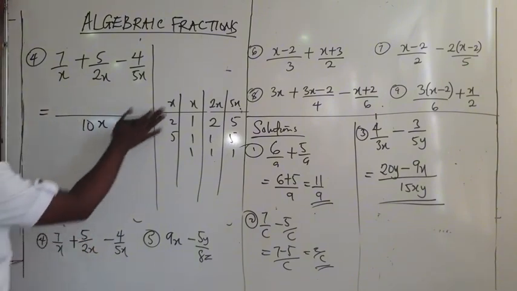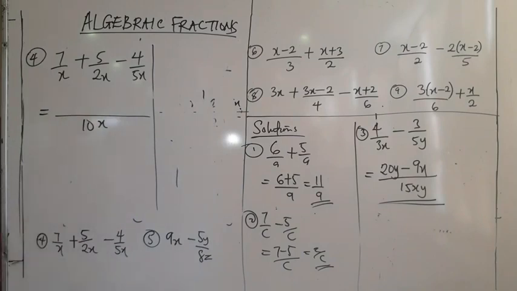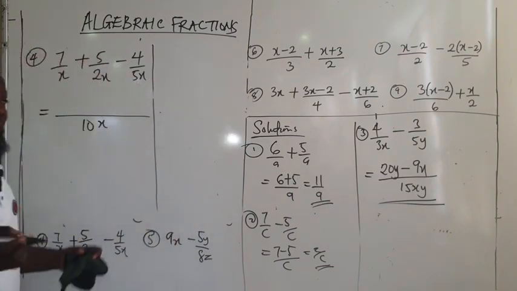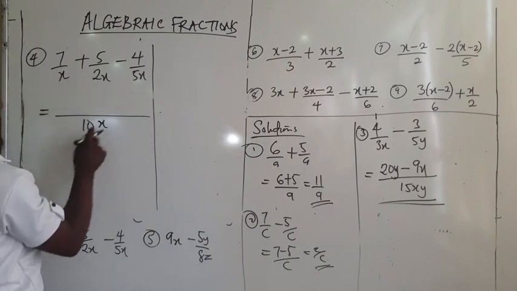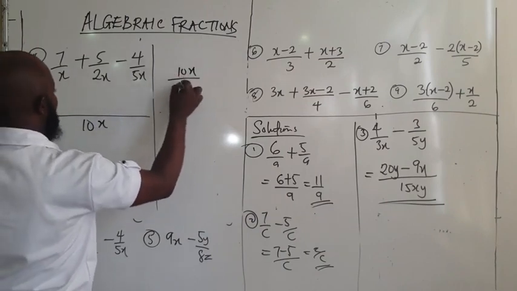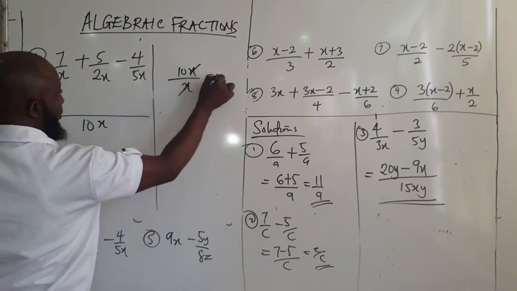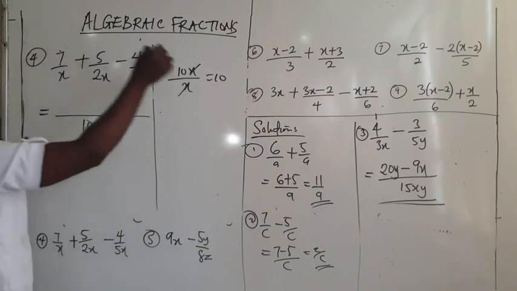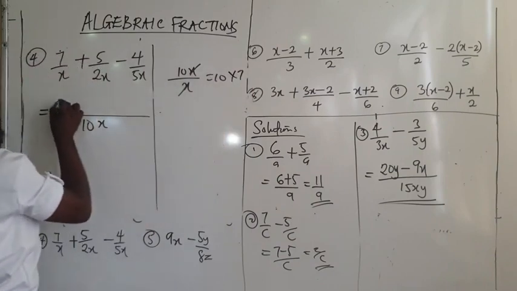So we do the same thing: we divide and then multiply. We divide 10x by x, which remains 10. Then we multiply by the numerator 7. This gives 70.